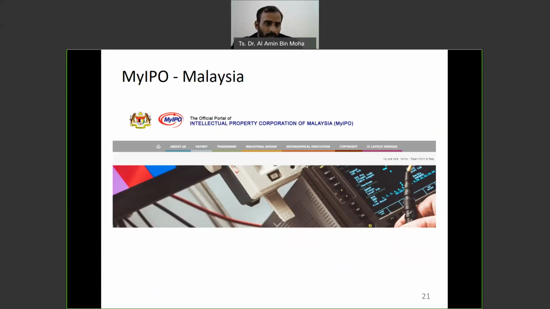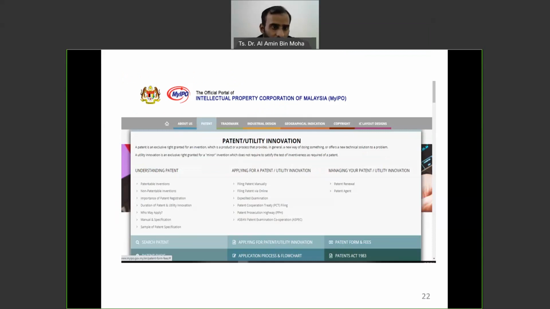You're going to find many useful information. They give the explanation on each category, what they are, how to apply, the fees. So you can always refer to the portal. Okay, as an example, see here they have the tab on patent.